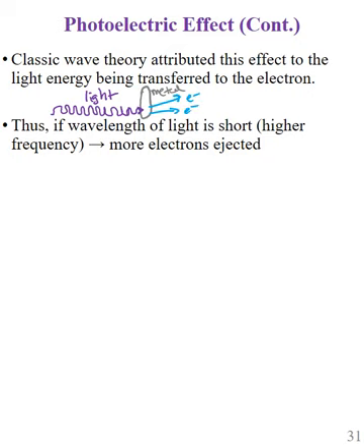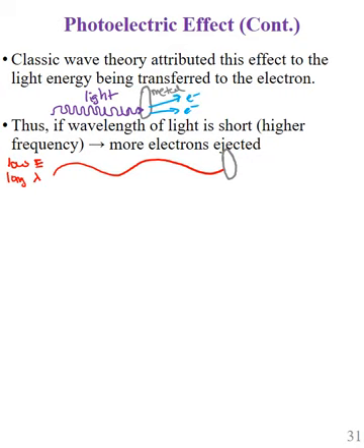Let's say you do the opposite. Instead, let's say you have a wavelength that is very low energy. Low energy would be an example of red light. So if it has low energy, you're going to have a long wavelength, and it hits a metal surface.